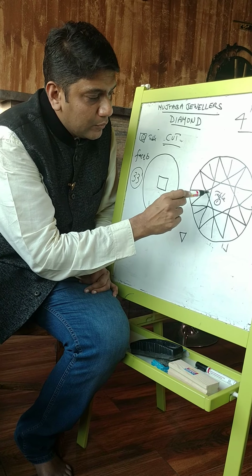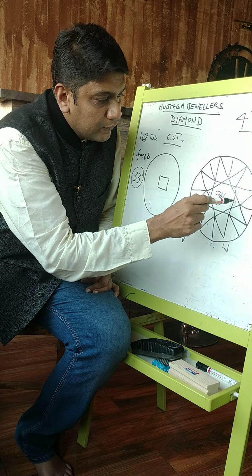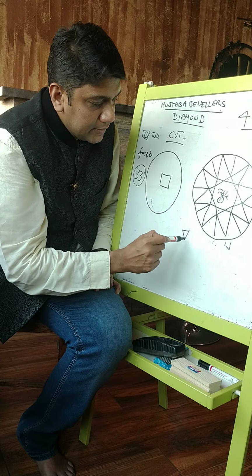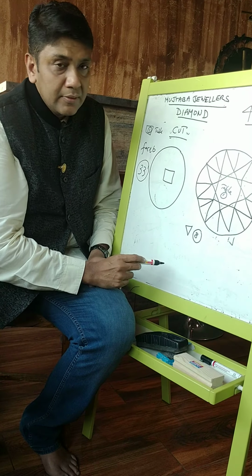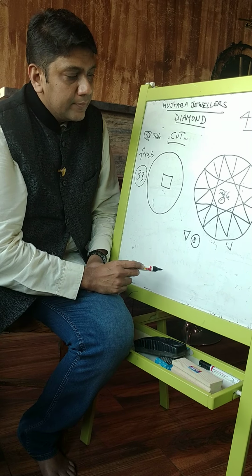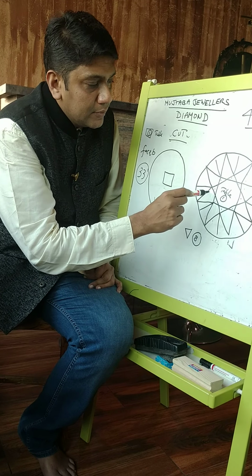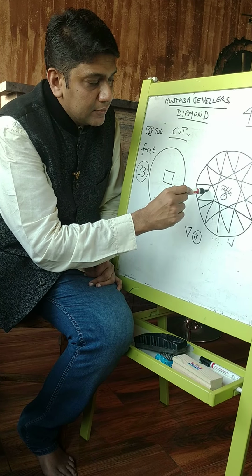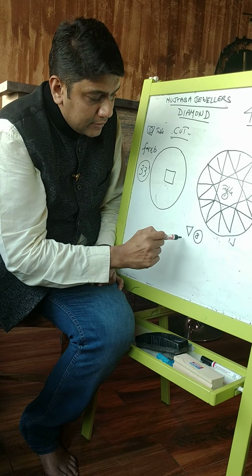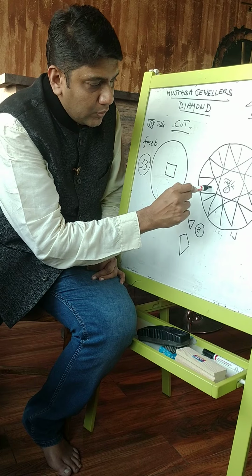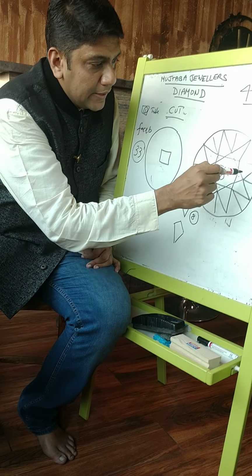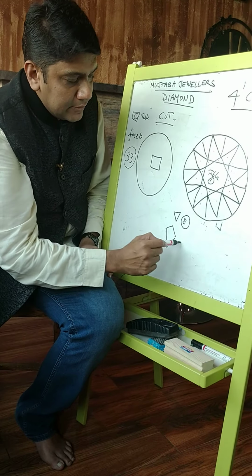There are 8 in number: 1, 2, 3, 4, 5, 6, 7, 8. Then you have the kite facets, which look like a kite: 1, 2, 3, 4, 5, 6, 7, 8.